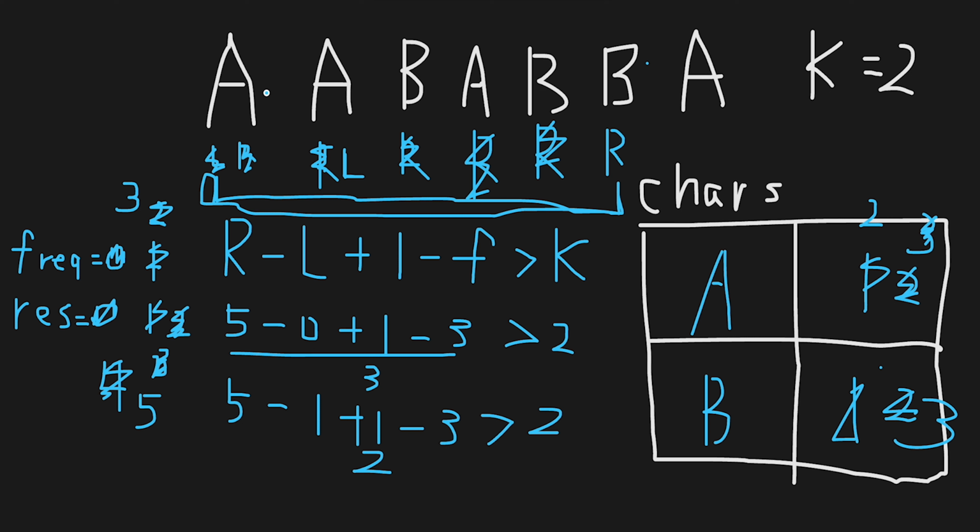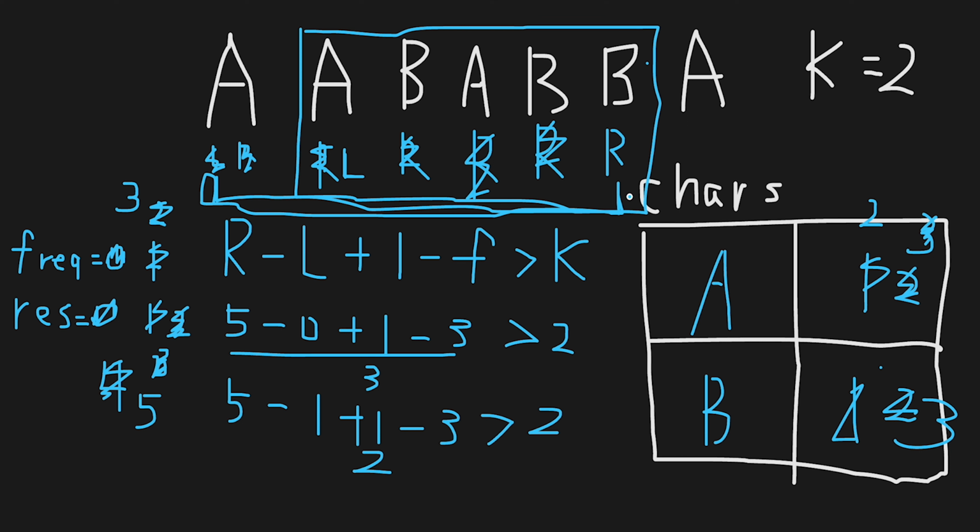So in that case, it's a little bit messy, but now the length is like here. So the current max length substring is now 5, 1, 2, 3, 4, 5. Actually, right minus left plus 1.